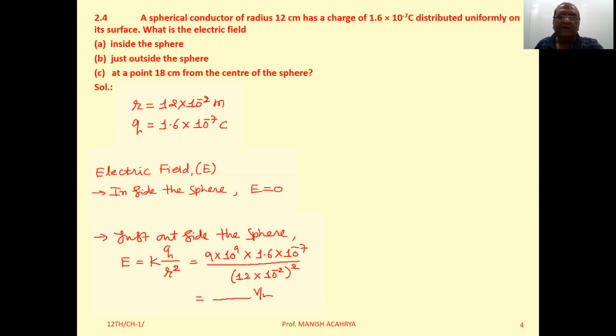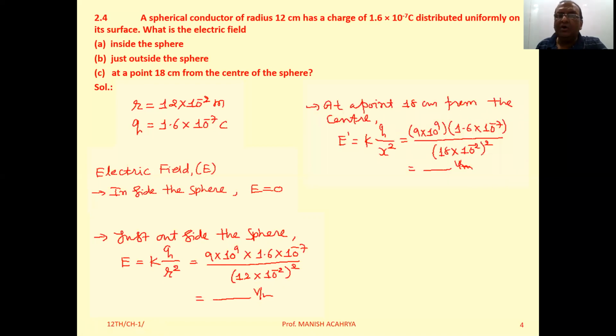Then the third one. At a point 18 centimeter from the center. This point is outside the sphere, so again we can use the equation KQ upon R square, where R is the distance of that point from the center.